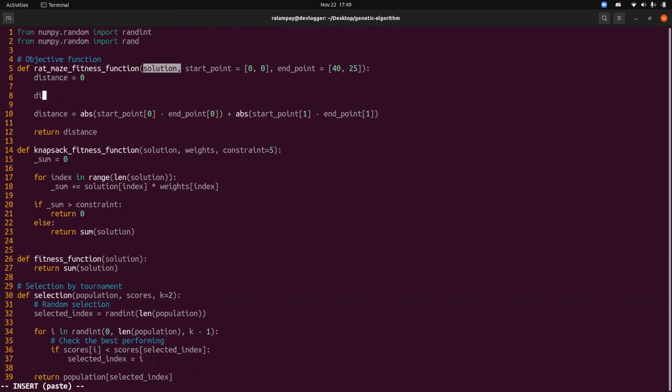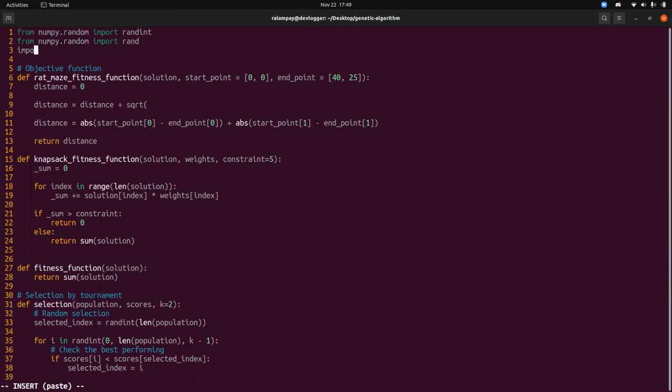So distance is equal to distance plus the square root of, do we need math for this? Import math or something. Those are just technicalities. Let's just say we know how to square root something. Square root of coordinate 1 of the solution, so the first element at coordinate 1.